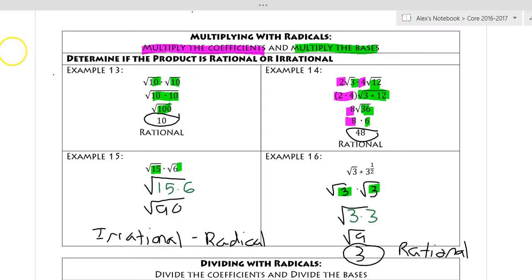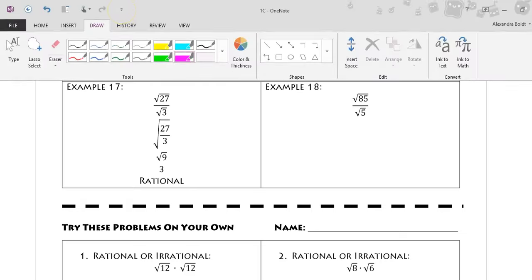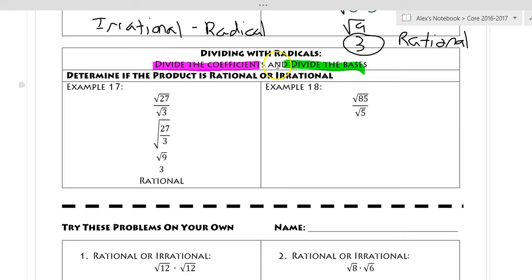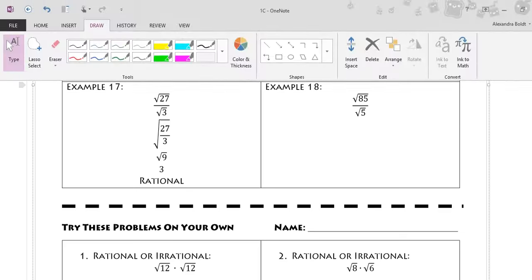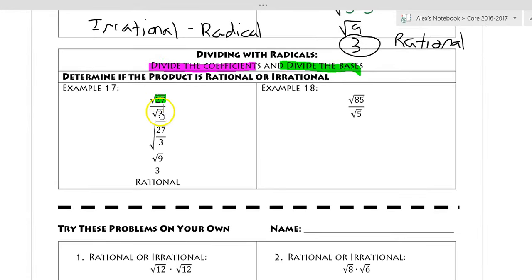Looking at our next set of problems, now we're going to divide. This is just like what we did with multiplying. You'll divide the coefficients, if there are any, and then divide the bases, what's under the square root sign, under your radical. So here, what's under my radical is the square root of 27 and 3.